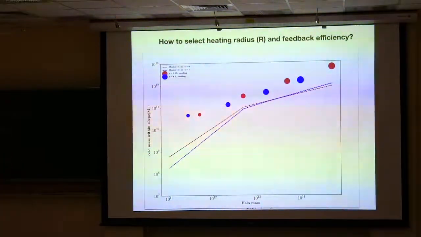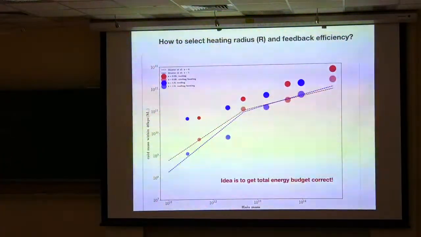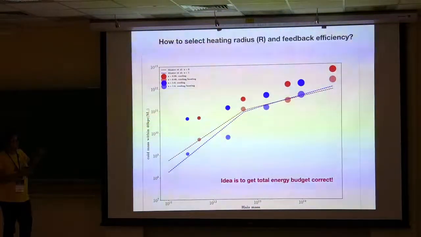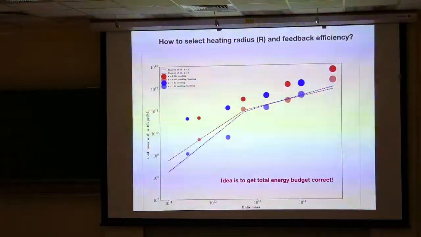So we try to tune our parameters such that we match the total cold gas mass in the central region, and all of them fall on this stellar mass halo mass trend. This is how we take the runs: we fix the parameters for each run.